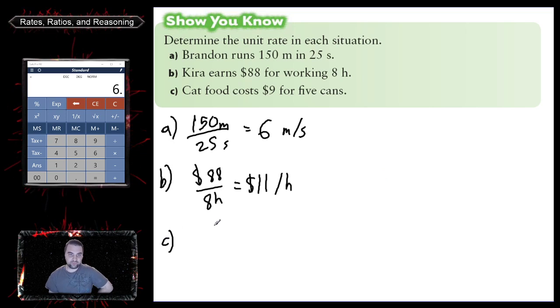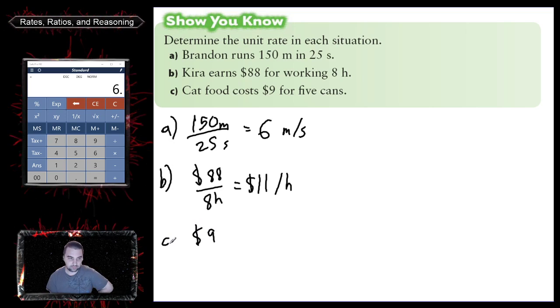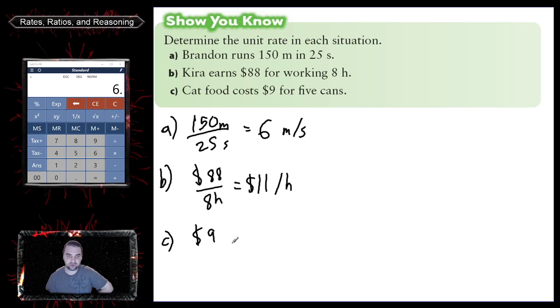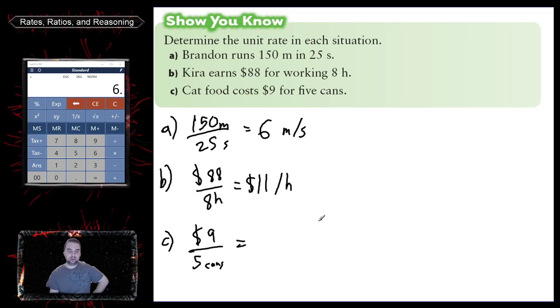C, cat food costs $9 for 5 cans. I don't really know what abbreviation to do here, so I'm just going to write 5 cans.